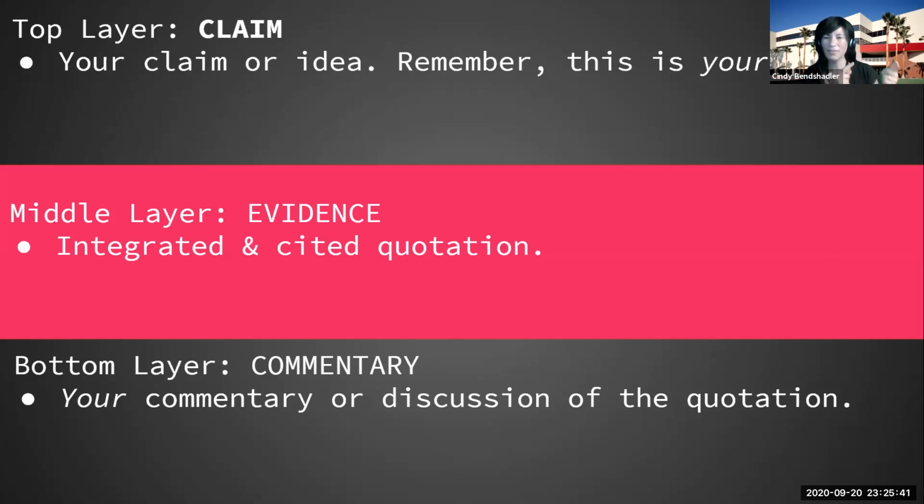Then you follow with commentary. This is going back to your ideas, your discussion of the quotation or paraphrase or summary. You can have more than one sandwich per body paragraph, but every body paragraph should have at least one sandwich.